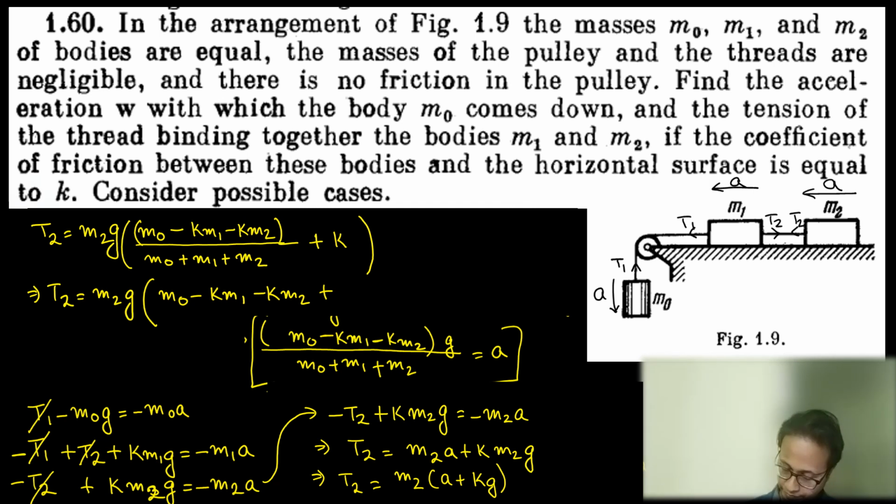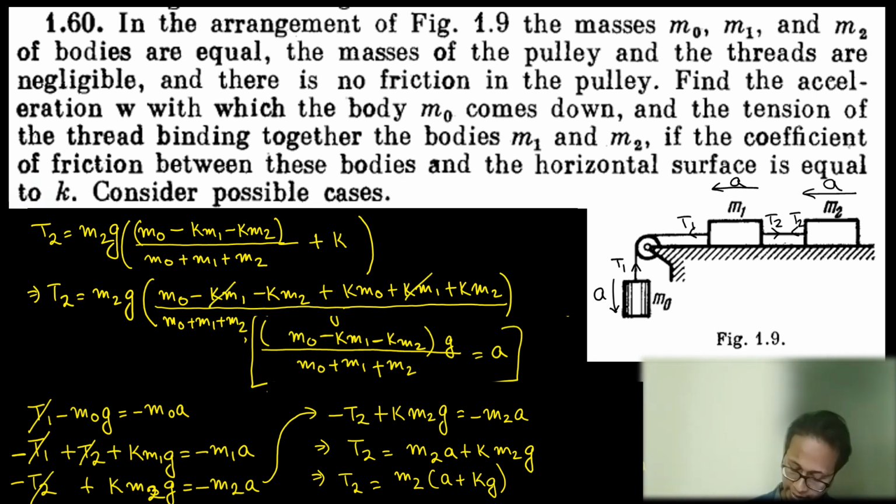m0 minus k m1 minus k m2 plus, I'm multiplying k with this entire term, k m0 plus k m1 plus k m2, divided by the entire denominator, which is m0 plus m1 plus m2. Plus k m1 minus k m1 will get cancelled. Minus k m2 plus k m2 gets cancelled. So T2 is equal to m2 g into (m0 plus k m0) divided by (m0 plus m1 plus m2).